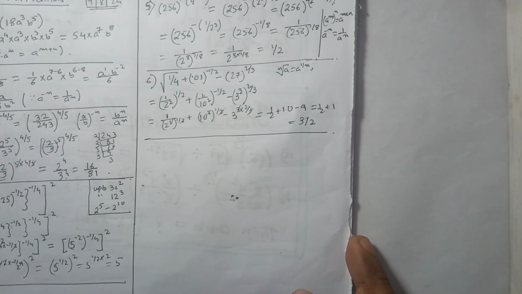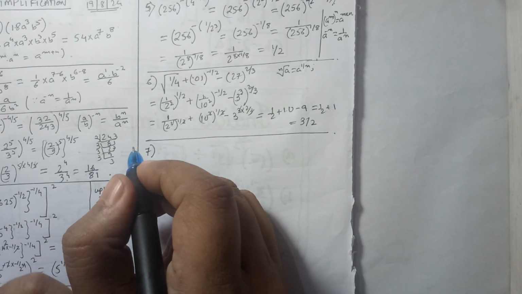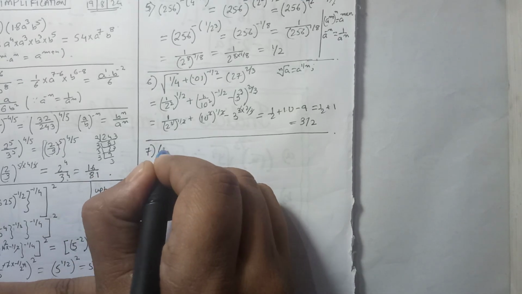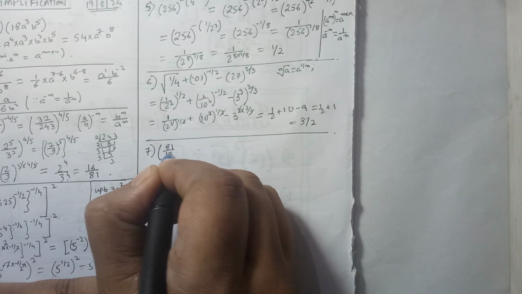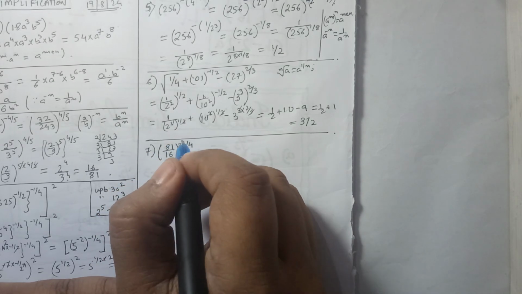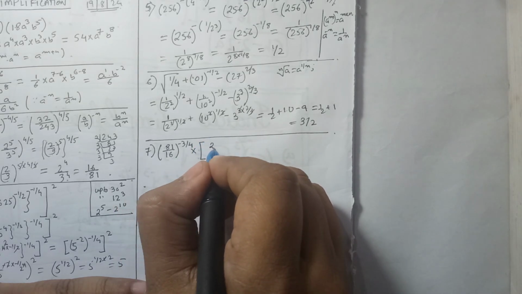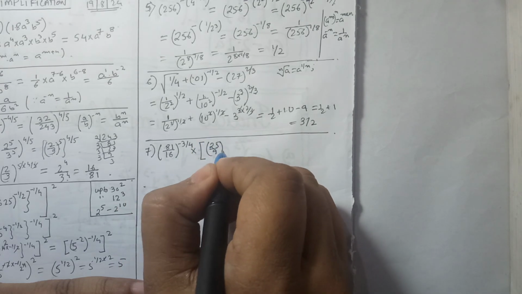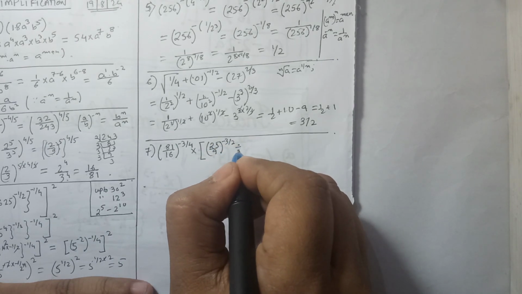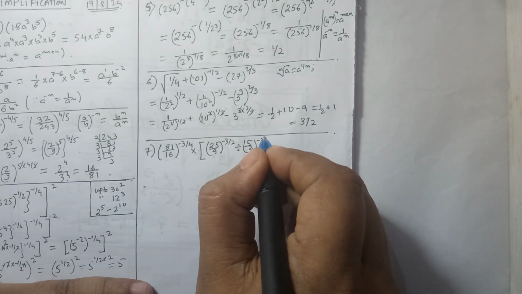Okay. The next, 6, 7. And probably the last one in this lesson, it is 81 by 16 to the power minus 3 by 4 multiplied by 25 by 9 to the power minus 3 by 2 divided by 5 by 2 to the power minus 3.